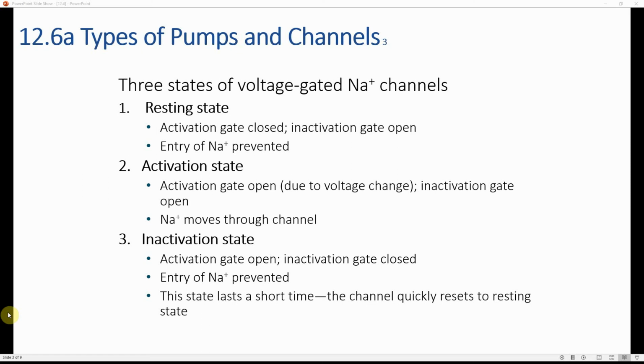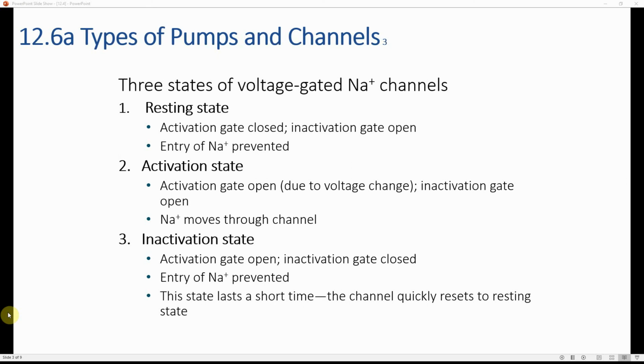So remember, the driving force of this ionic movement is going to be our concentration gradient, the differential in concentrations of sodium on each side of the membrane. But what allows it to diffuse is that open channel. If the channel is closed, then we don't have any diffusion.